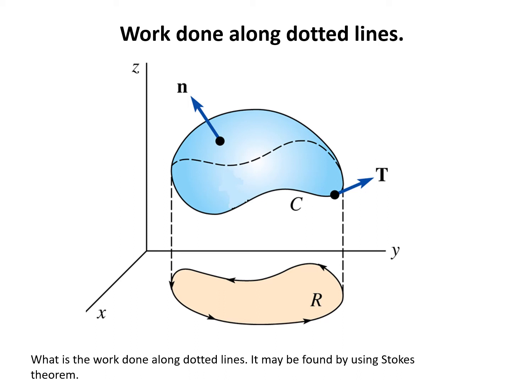In this diagram, for example, a particle is moving along the dotted lines on the curve C, on the vertical lines, and on the boundaries of the region R, and on the dotted vertical line towards upward with the semisphere. So by using Stokes' theorem, we may calculate the work done easily.